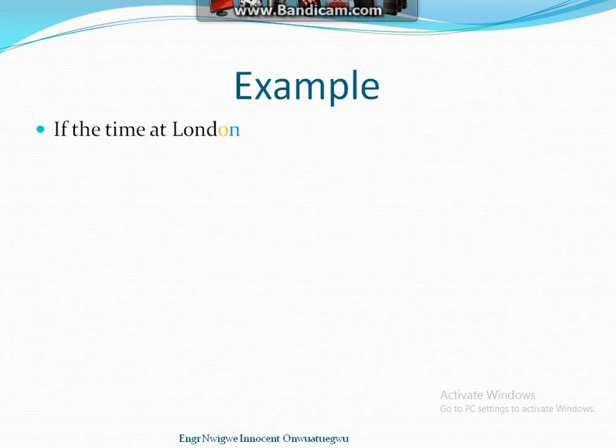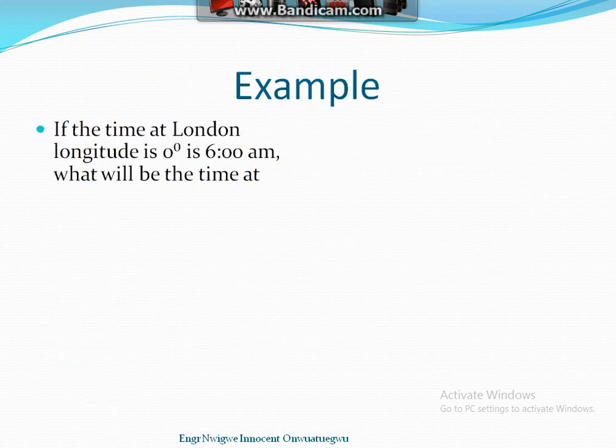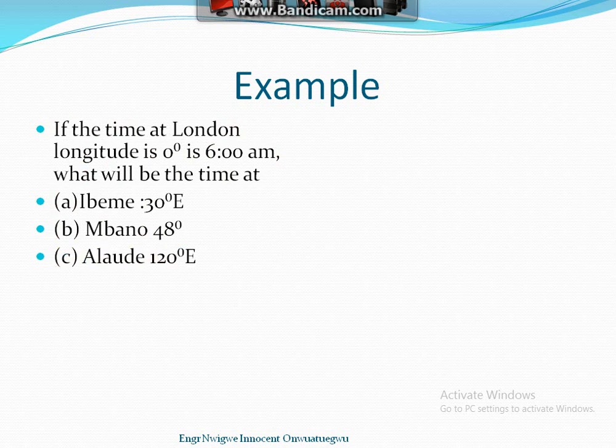Example, if the time at London longitude 0 degree is 6 a.m., what will be the time at A. Ibeme 30 degrees east, B. Mbano 48 degrees east, C. Alude 120 degrees east. Solution.